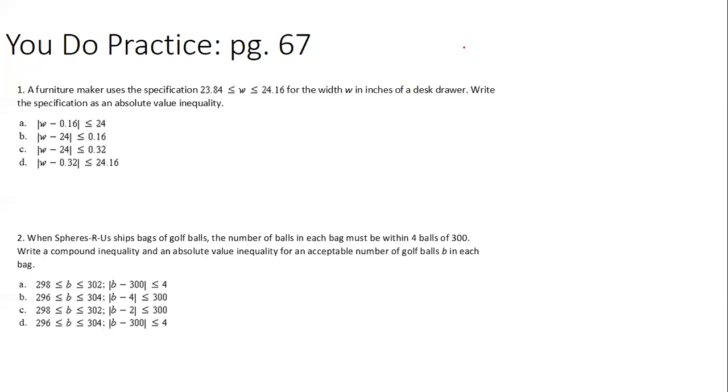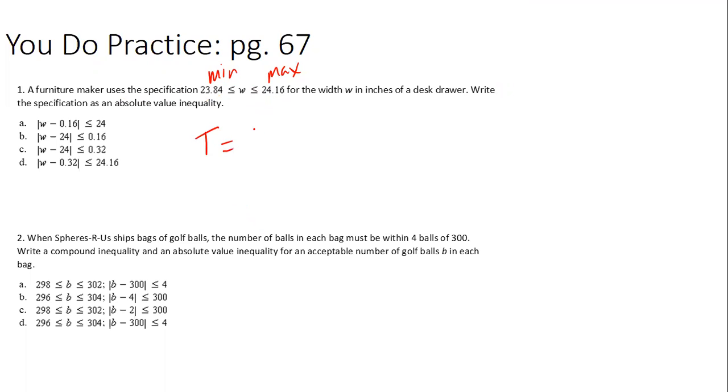If you don't have the practice paper, I have extras on my desk. For the first one, they gave us our max and our min, right? The furniture maker uses a specification of 23 and 84 hundredths to 24 and 16 hundredths for the width of their desk drawer. They gave us our min and our max. This would be like the back of our notes, where you're finding the tolerance.